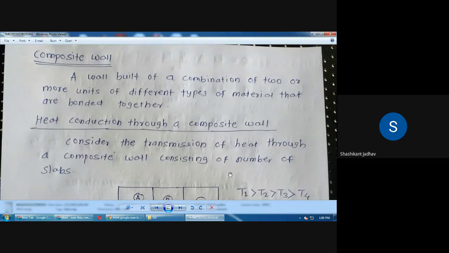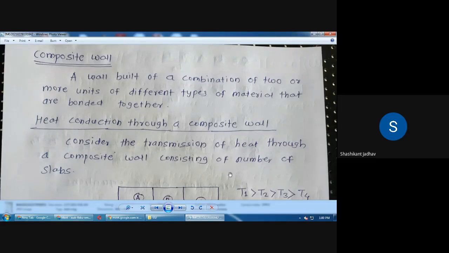The first part we have completed, that is heat conduction through the plane wall. Now we have to calculate the equation for heat conduction through the composite wall. So write down the definition of the composite wall. Write down what is meant by composite wall.